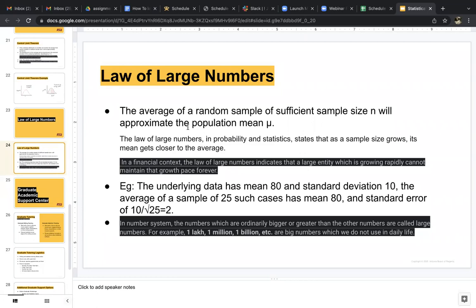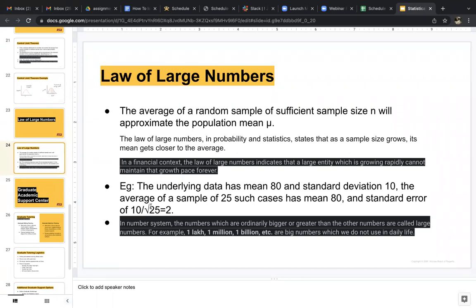It basically means that even if you have an extremely large data set or large numbers in this case, the mean will be centrally located, or the numbers will again be close to the average. So the law of large numbers in probability and statistics states that as a sample size grows, its mean gets closer to the average.